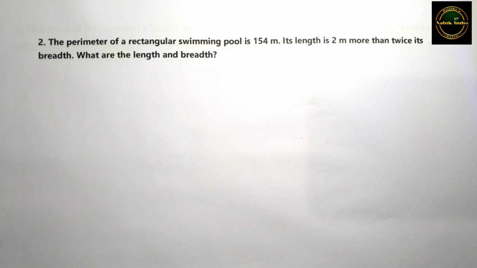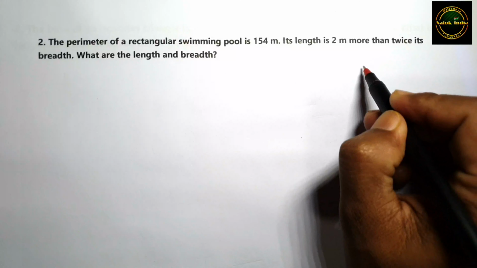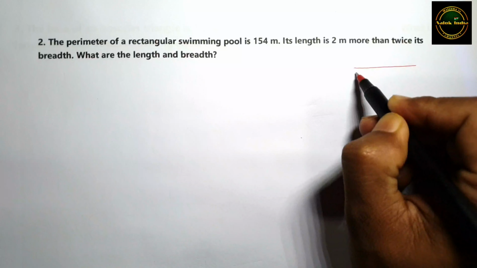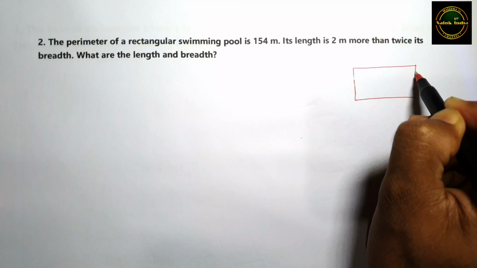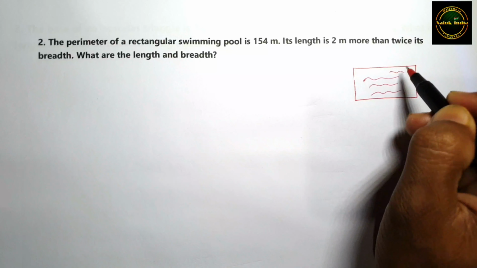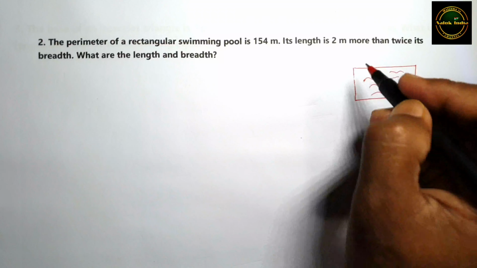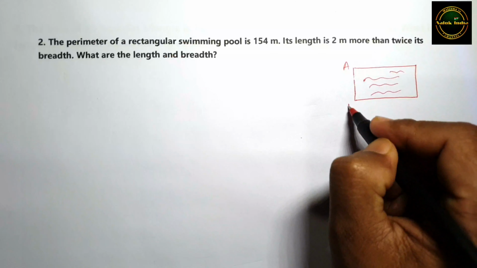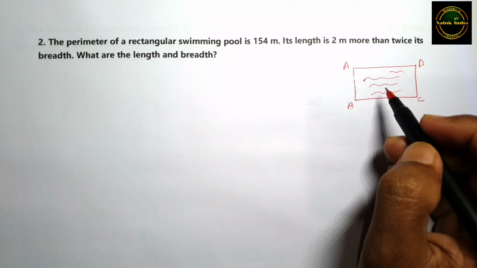So for better understanding, we'll initially draw a rectangular swimming pool. Suppose this is the swimming pool in the shape of a rectangle. They said its perimeter is 154 meter. If we take A, B, C, D as the swimming pool, what is perimeter?